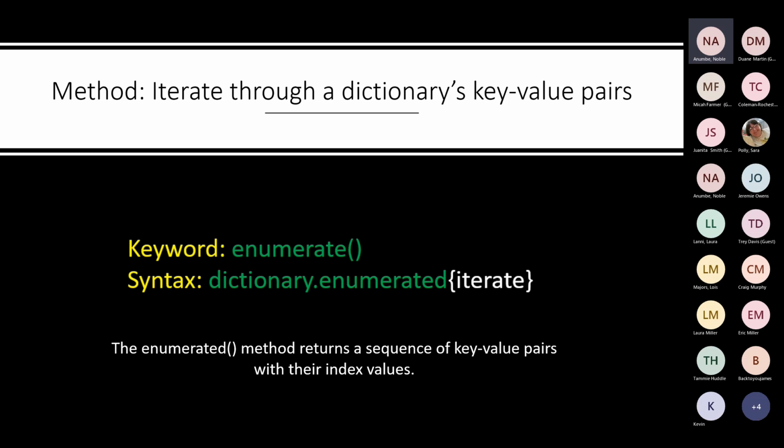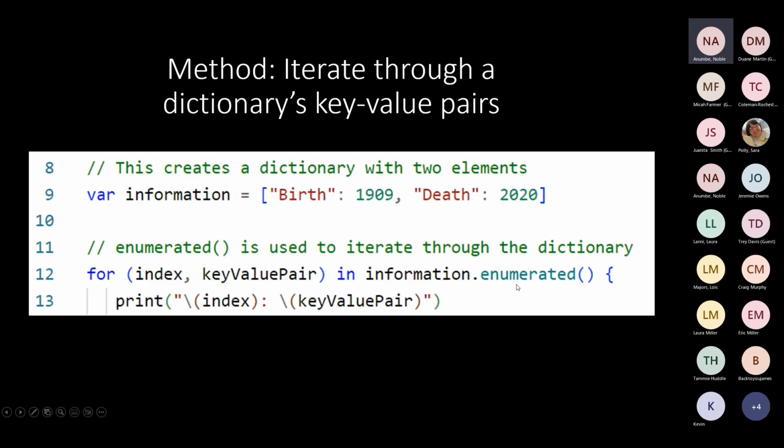And this is an example of enumerate, right? Or enumerated. Let me show you how that's used here. I'm trying to store someone's date of birth and their date of death, born 1909, died 2002. So if I want to use enumerated, right, because it just helps you run through.